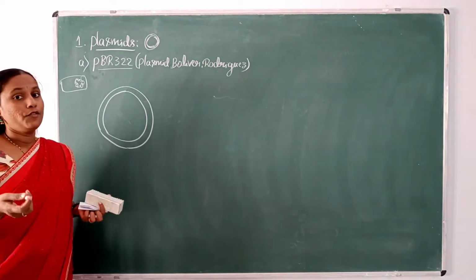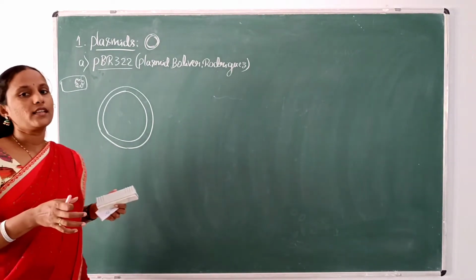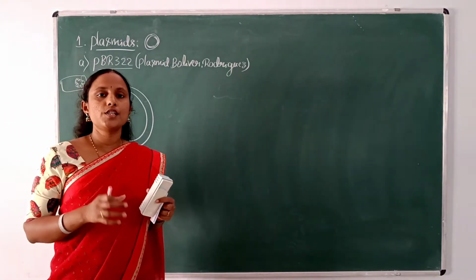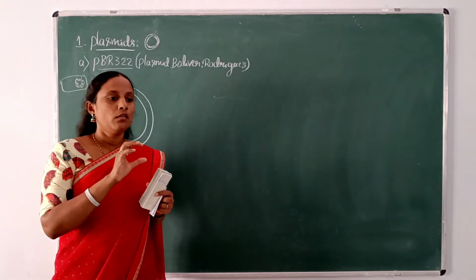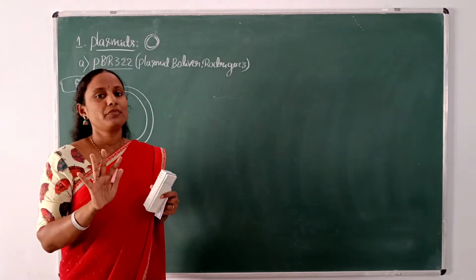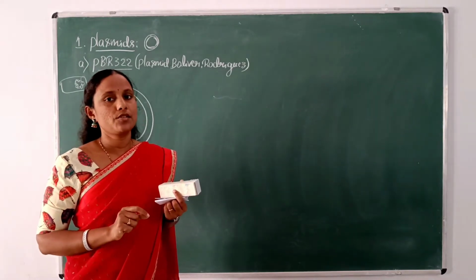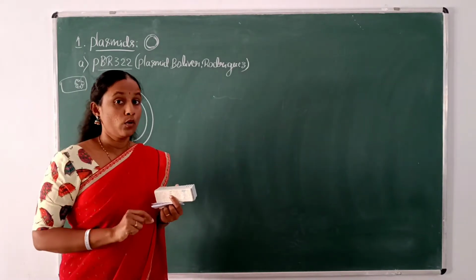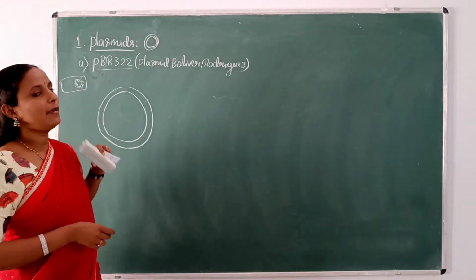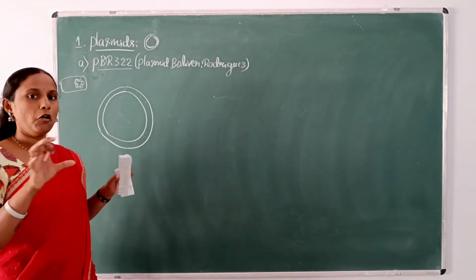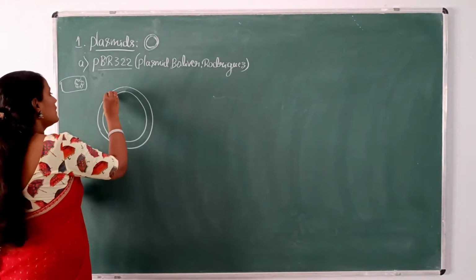As we studied previously, any vector used in biotechnology should importantly have three things: selectable markers, an origin of replication, and multiple cloning sites. So this pBR322 also has all these structures.